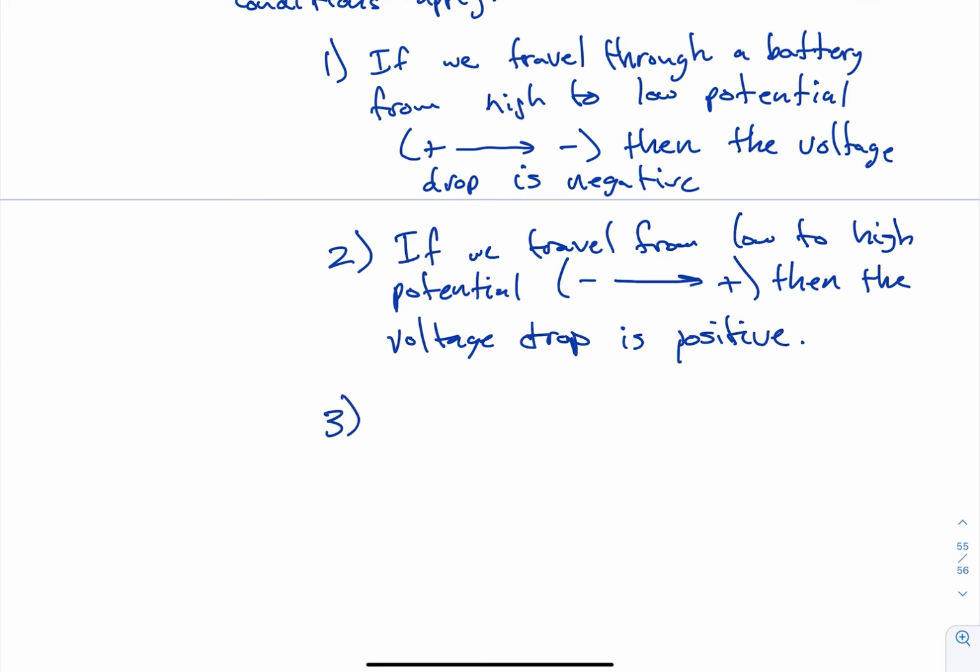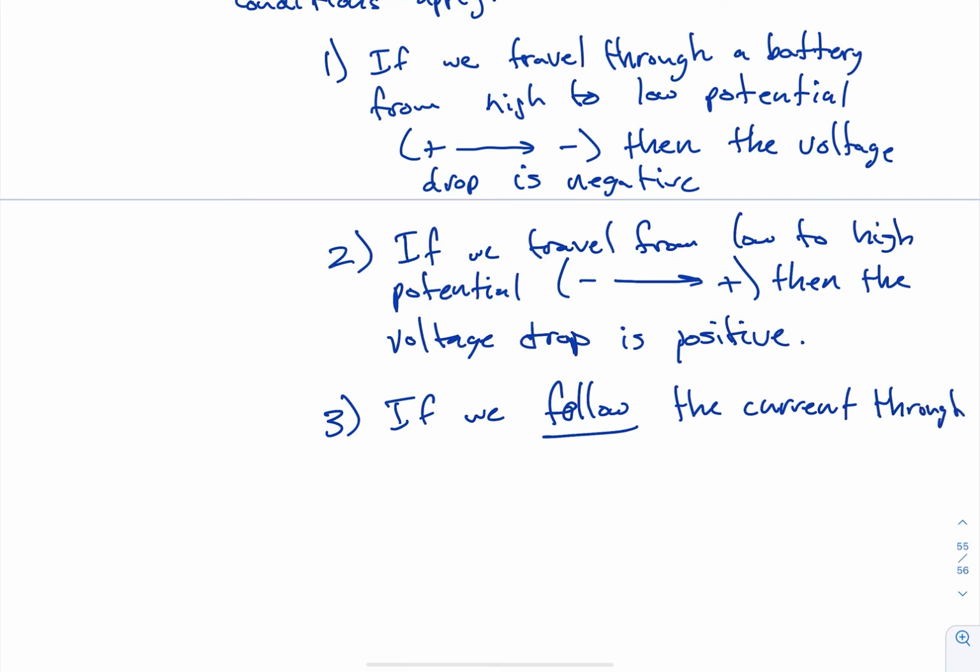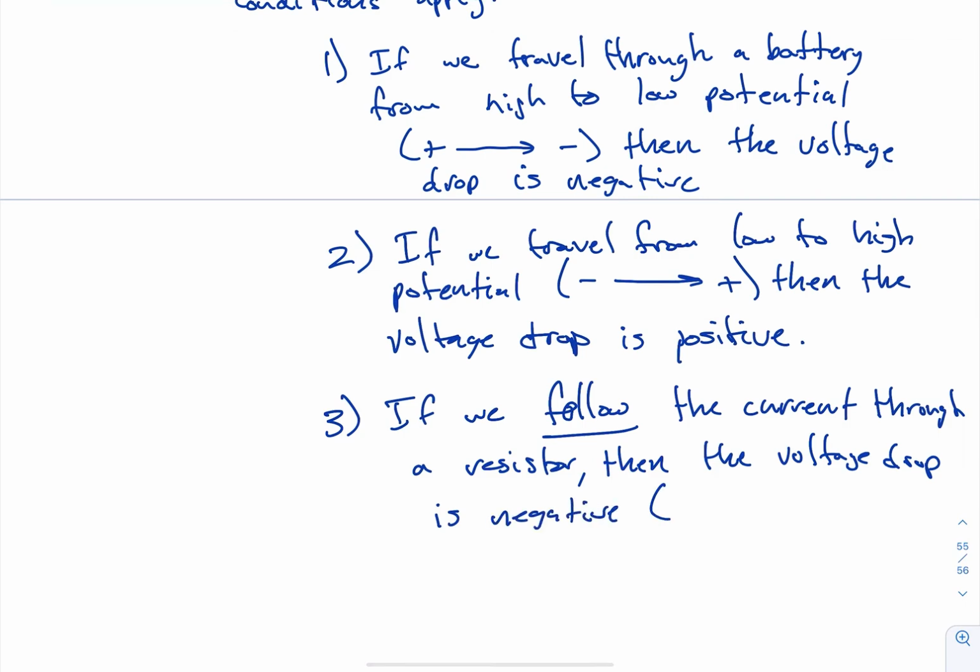Next, if we follow the current through a resistor, then the voltage drop is negative. In other words, V equals negative IR.